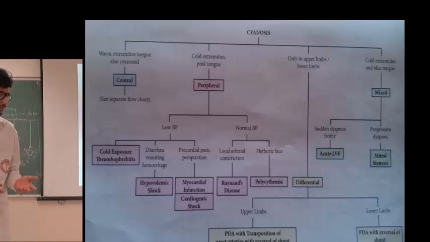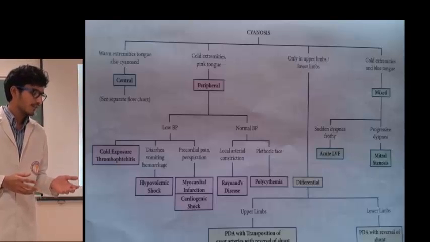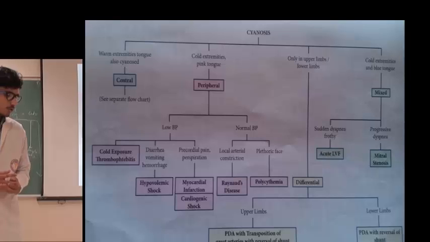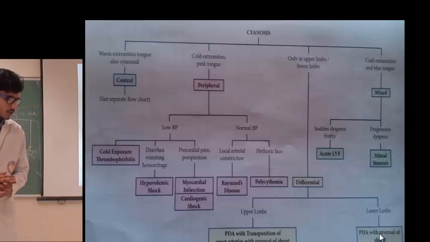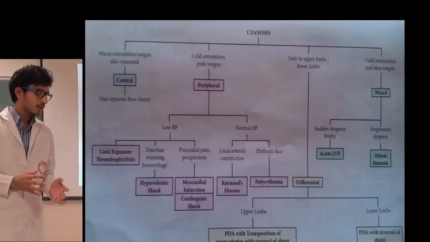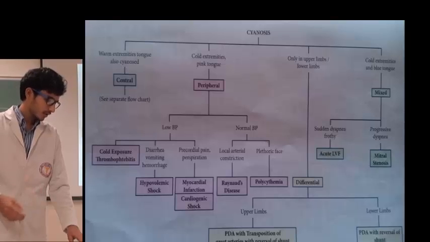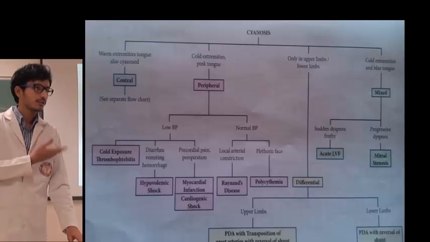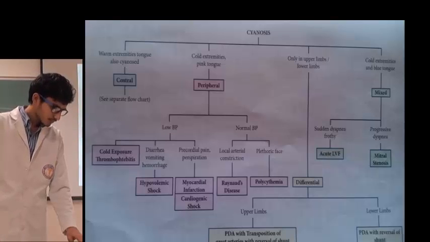Sometimes cyanosis of the lower limb presents with cyanosis of the left upper limb, which is mainly due to patent ductus arteriosus with transposition of great arteries with preductal coarctation of the aorta near the subclavian artery, leading to cyanosis of the left upper limb.